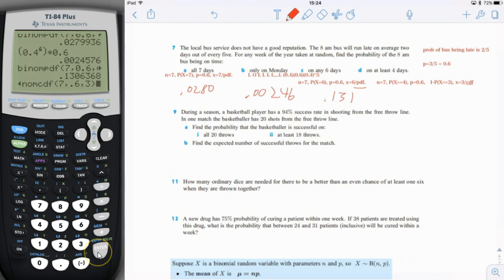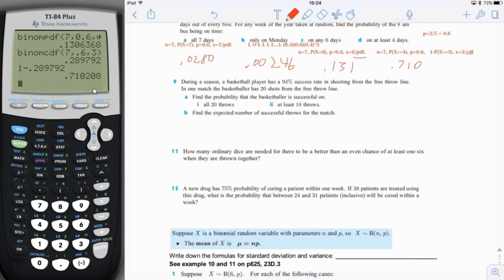And remember, we're figuring out the inverse probability here, so we're going to have to subtract this from 1, because the calculator only figures out the probability of something or less. It can't figure out the probability of something or more. So it's going to be 0.710.